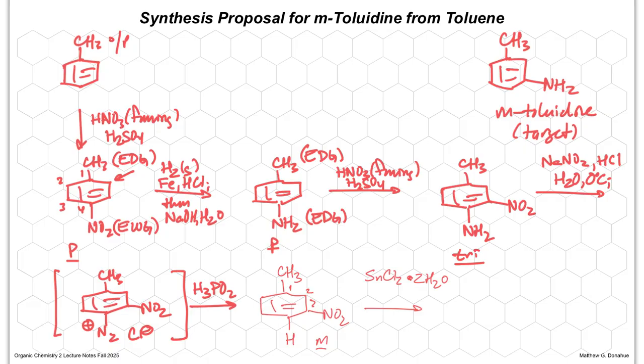So it comes as a dihydrate in the presence of ethanol. So that's going to reduce down the nitro to the amino, and then we end up with our target.